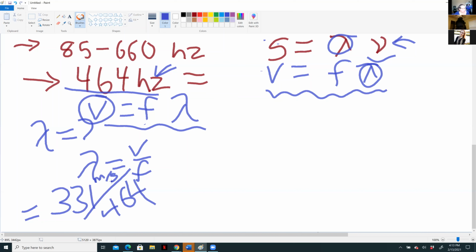Okay, and then the other thing is what units did we get? So units of frequency are hertz, right? That's actually 1 over seconds. So if we have meters per second divided by something per second, what units did we get? This is going to be in units of meters. And if we plug it in, we're going to get a number less than 1, right? 0.7, 0.8, something like that in there.